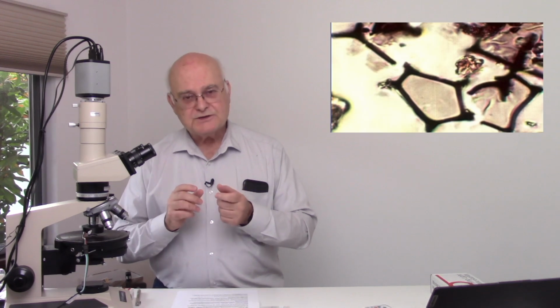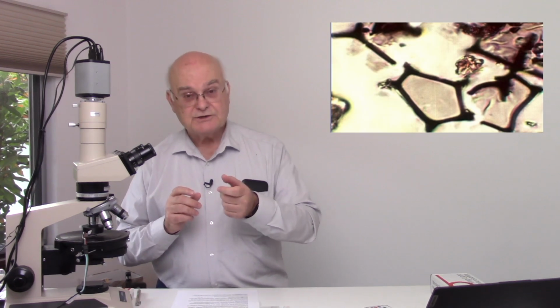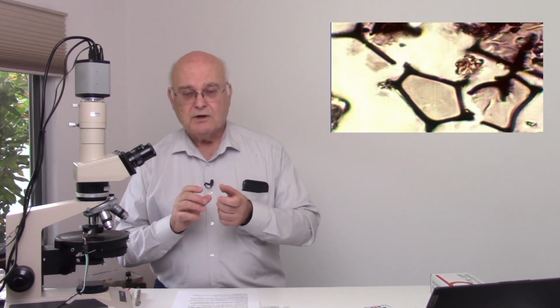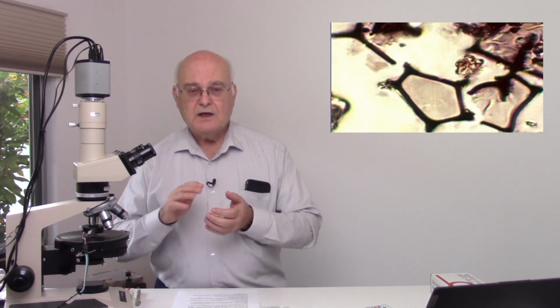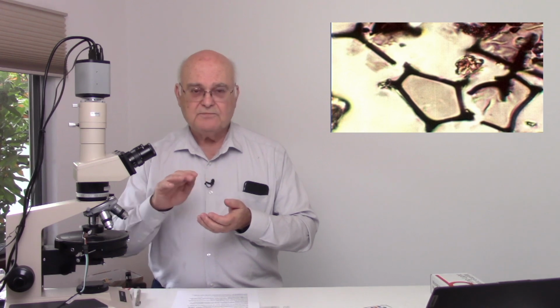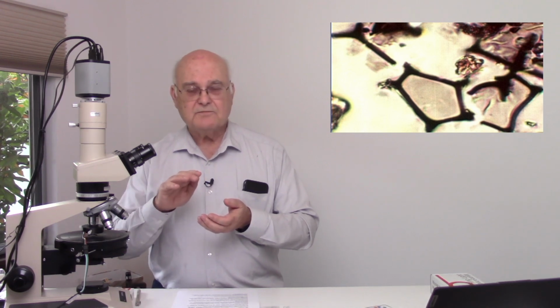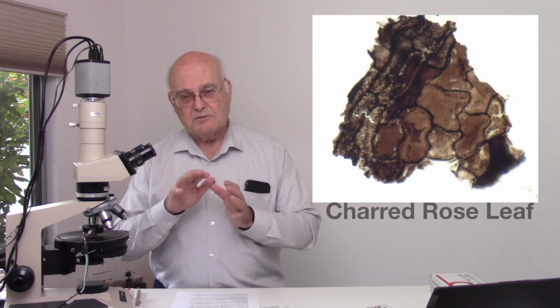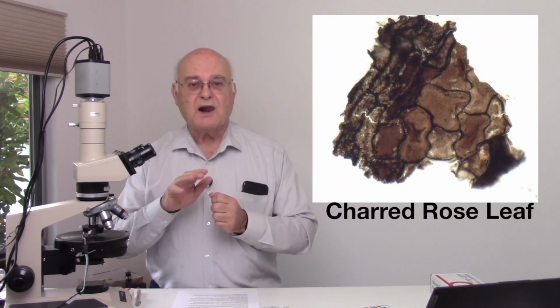The cell wall is thicker, and so it's going to have a darker appearance. The surface of the cell, because it's thinner, may still transmit light, be brown to black or gray.